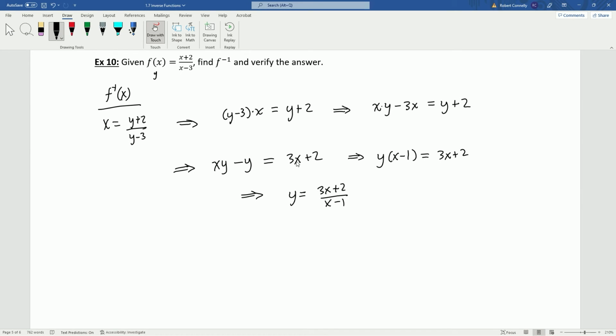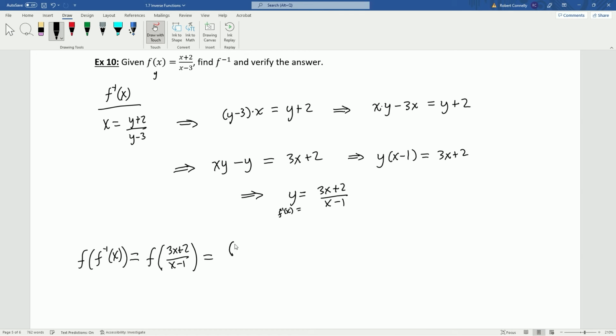So now we want to check that this f inverse function is correct. So let's verify it by checking the first definition. So this is f of (3x plus 2 over x minus 1).